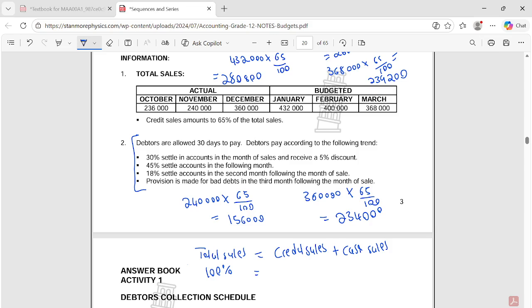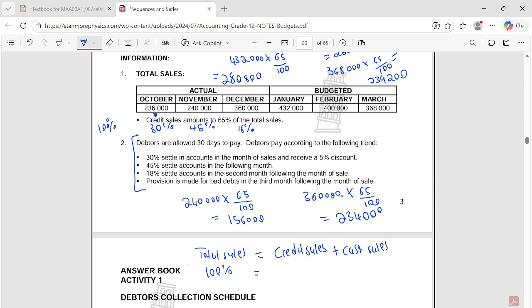Meaning, for example, if I purchase goods on credit in October, I'm gonna pay how many percent? 30% in October, right? And then they're saying 45% in the following month, meaning for October I'm gonna pay 45% in November. And then 18% in the second month following the month of sale, meaning in December I'm gonna pay 18%. But if you can see, guys, in total we must pay 100%, right?